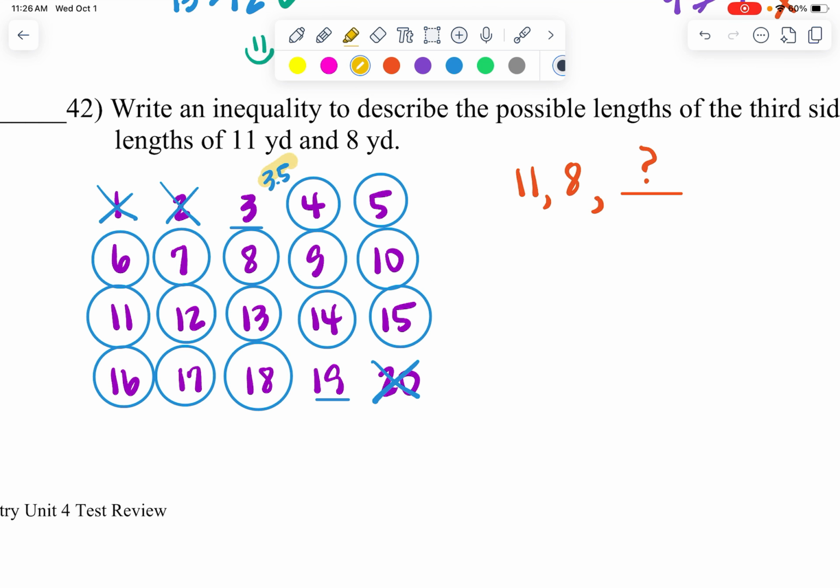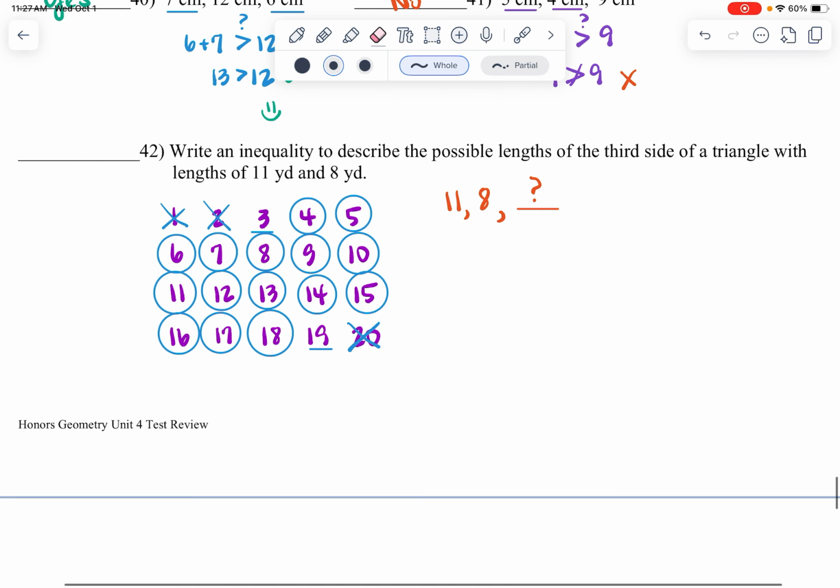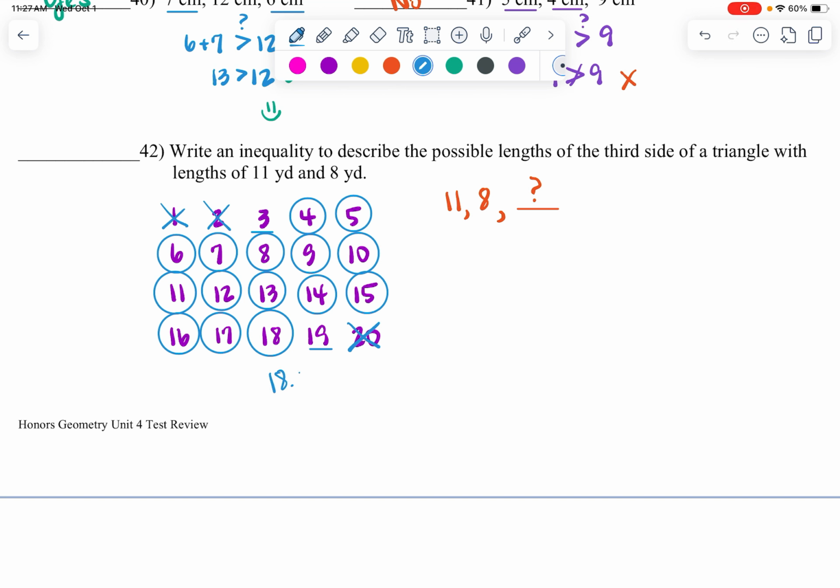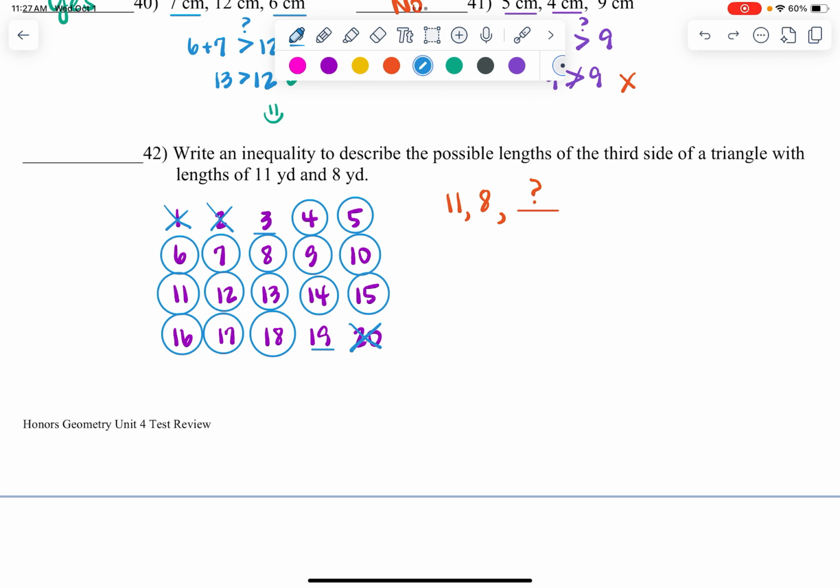Even 3.00001 would work, but just not 3. So it's everything greater than 3 but less than 19. Would 18.999 work? Yeah, because 19 is greater than 18.999. So I can use every number between 3 and 19.